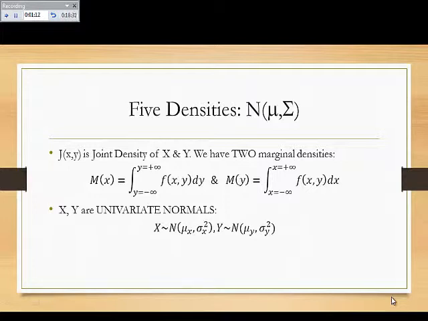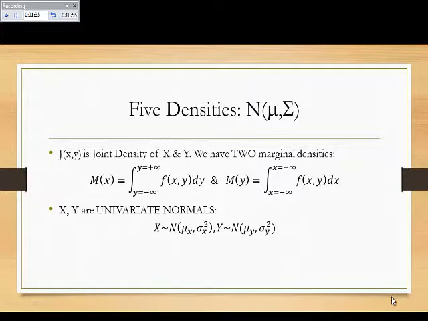Similarly, if you want the marginal density of y, you have to integrate out the x. When you do this calculation, it's a very nice and elegant calculation, and I used to spend a lot of time on that, and that's the engineering part, and you should learn how to do that.